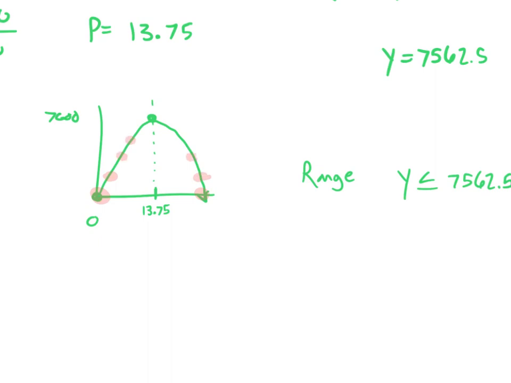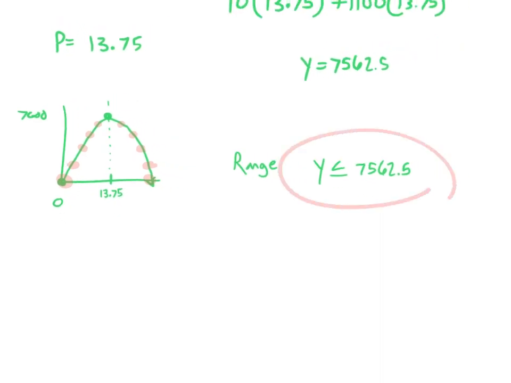But all of these different amounts of money that they could make, depending on ticket price, will be less than whatever that y-coordinate of the vertex is. So we'll continue to study a lot more on quadratics. It might be helpful to watch certain portions of this video again, because it's definitely a little more complicated than linear equations.